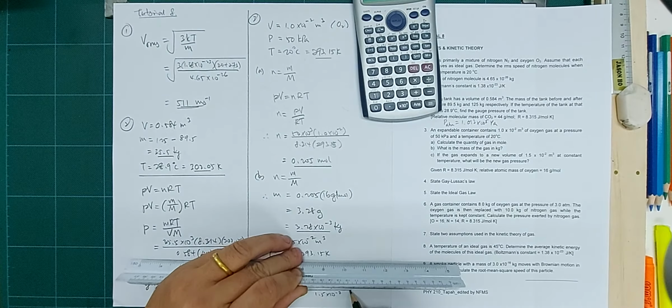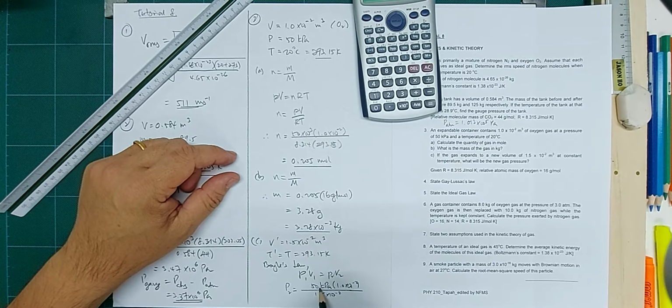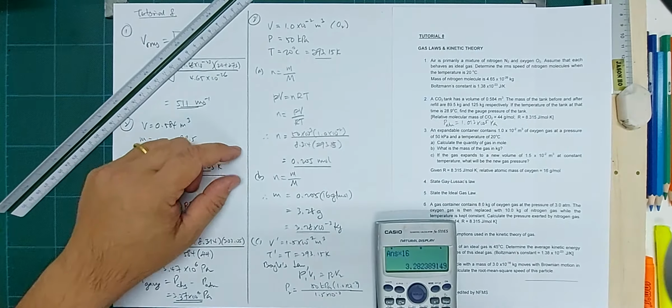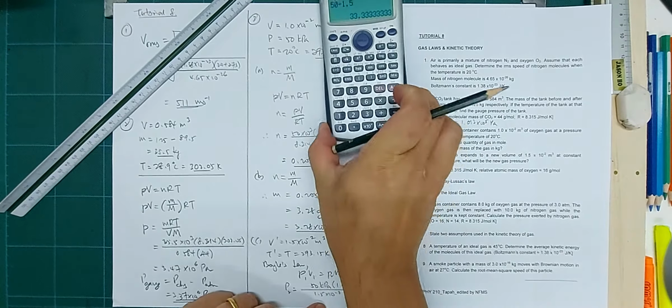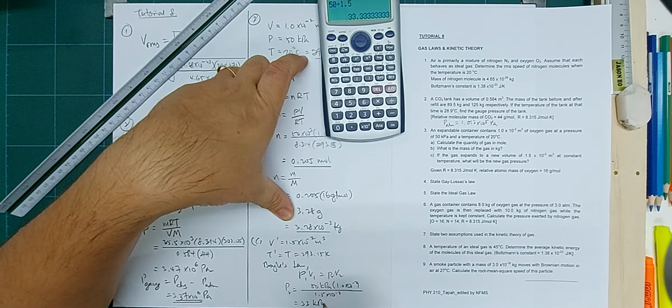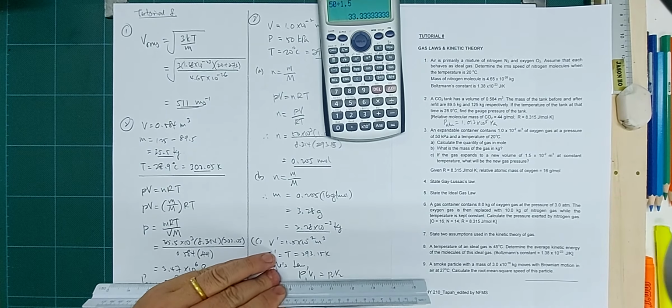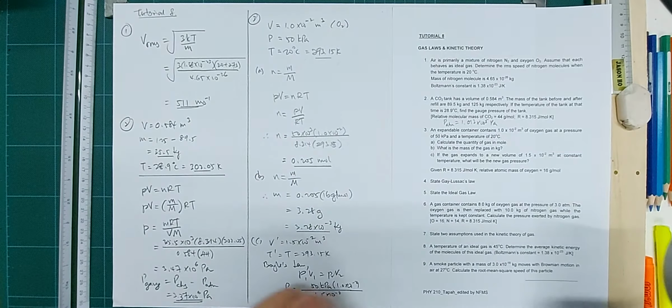So the changes just cancel these two, so just divide this one by 1.5. Pressure should be reducing because the gas expands. So we have 50 kilopascal divided by 1.5, so we have 33.3 or 33 kilopascal.